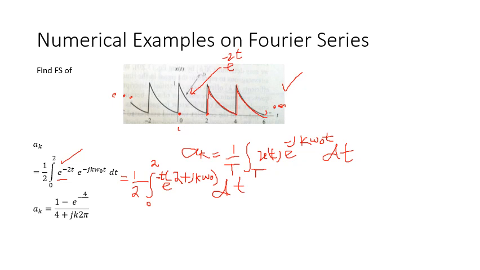If you integrate it, you get something like 1 by 2, and when you integrate it, you get minus, this is 2 plus j k omega naught, and you get e power minus t times 2 plus j k omega naught, right?